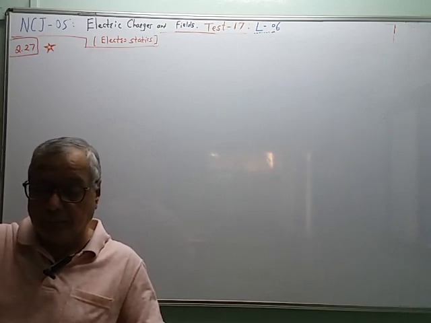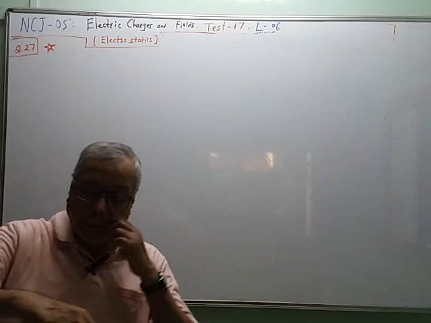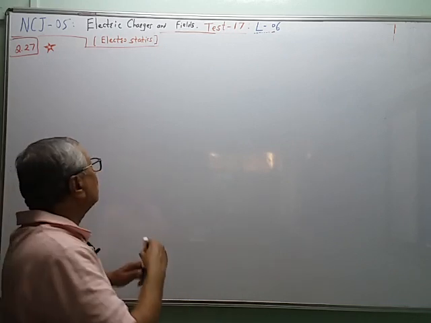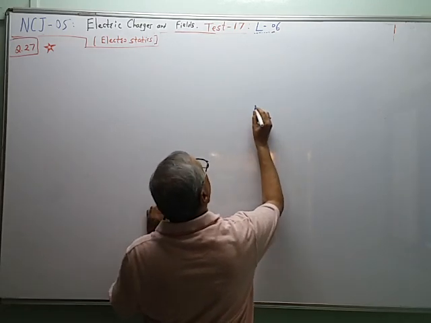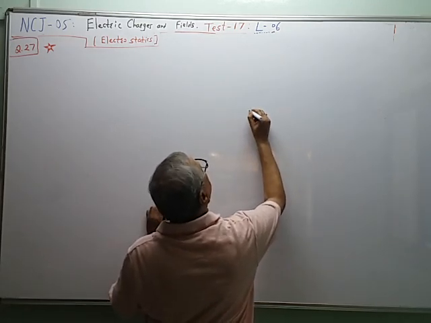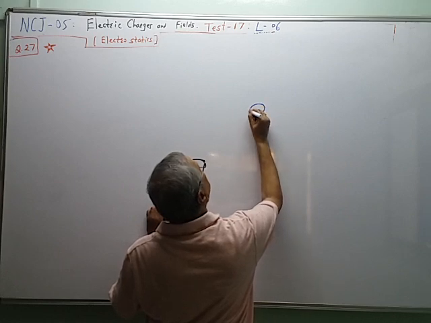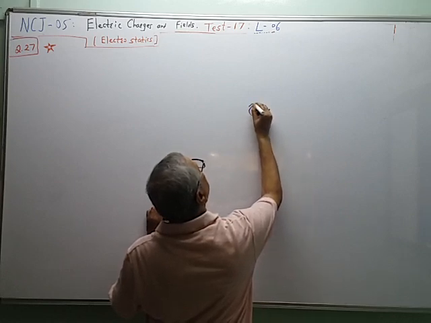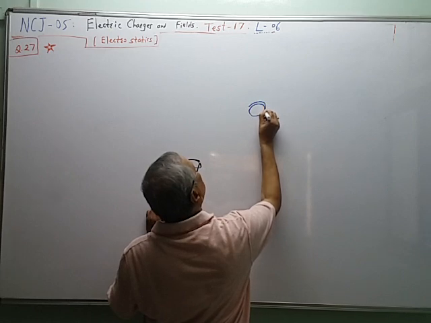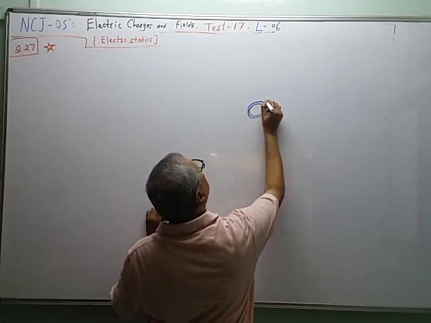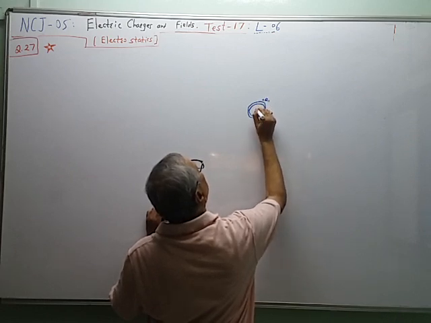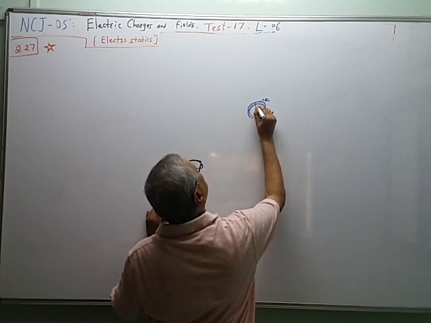The figure is important, so I will draw it here. This charge is Q1, and this radius is R1.